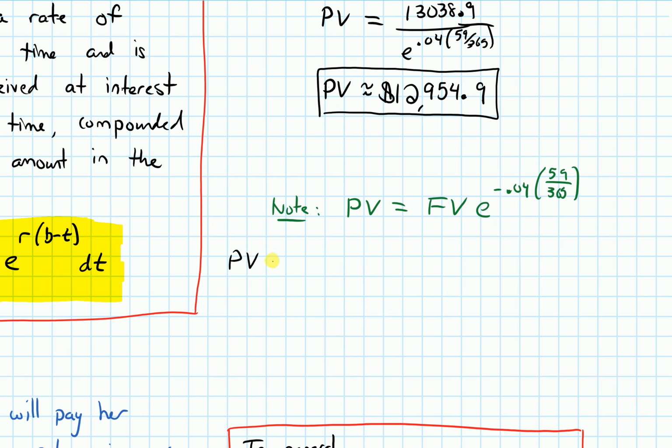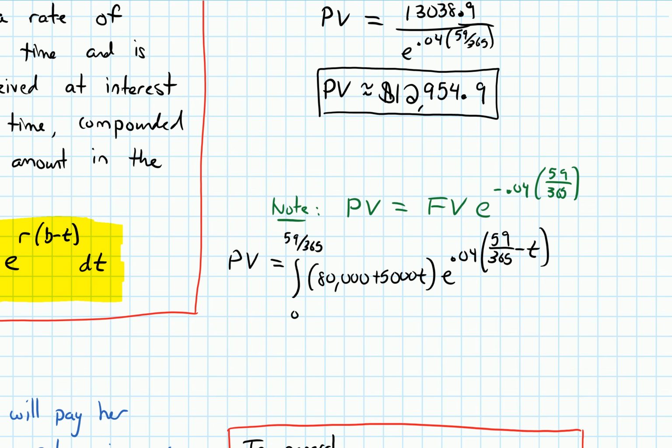So we have PV on the left, and on the right, future value is an integral from 0 to 59 over 365 of 80,000 plus 5,000 t times e to the 0.04 times (59 over 365 minus t) dt.